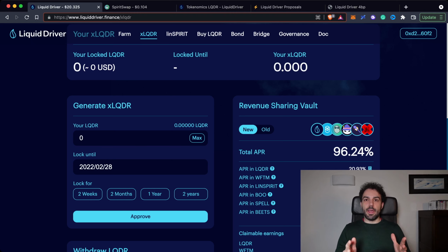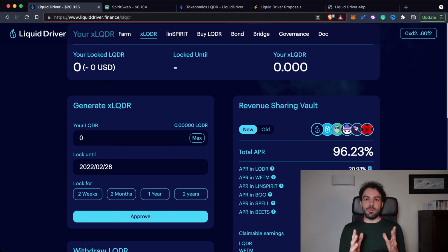When you are staking your Liquid Driver tokens, in order to maximize your rewards, you have to lock them. The locking period suggested to maximize your yield is 2 years, and you can see it down here from this interface. When you are staking and locking your Liquid Driver tokens, you will also start receiving revenue sharing.